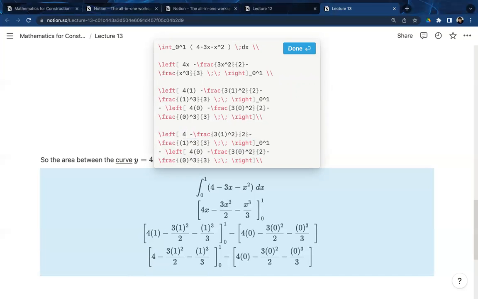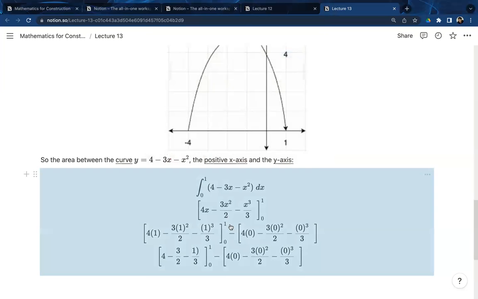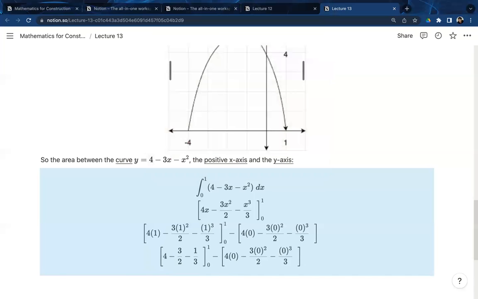So this is 4 minus 3 over 2 minus a third. This 3 over 2, this is just a third, and then all this here turns out to be 0.